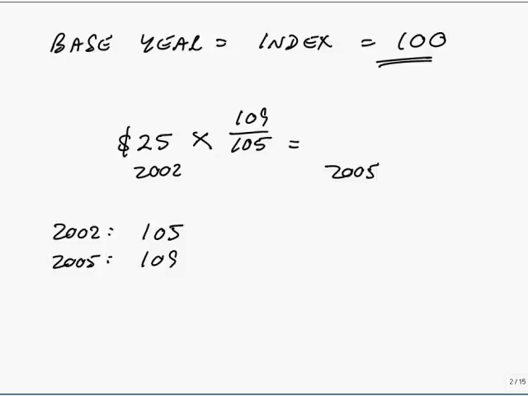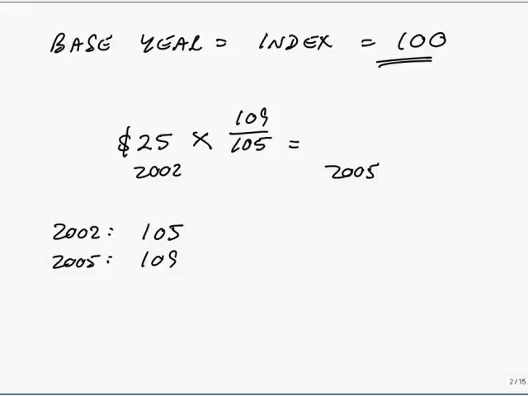Now, if I'm not explaining it well enough, shout. But for every 105 you spent in 2002, you'd be spending 109 in 2005. Alright? Now please, I say again, the arithmetic's not hard. If I've not explained it properly, if it's not making sense, ask me.